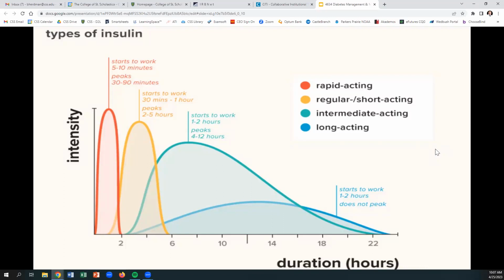And typically correcting hypoglycemia is a matter of minutes. Okay. And so even if you give this medication to someone who is hypoglycemic, you will have the hypoglycemia fixed before this insulin even hits the bloodstream. So that's why it's okay to give it.